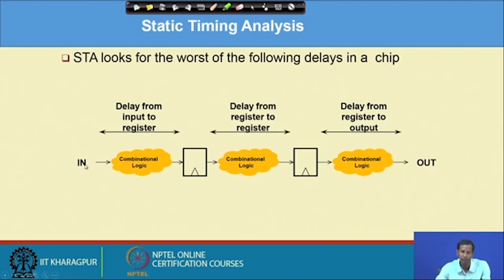This is the application of input. This is a delay from input to the register because of this combinational logic. Then this is the delay from register to register, considering the corresponding logic available in the combinational logic, and the delay from register to the output, which again passes through another combinational logic.